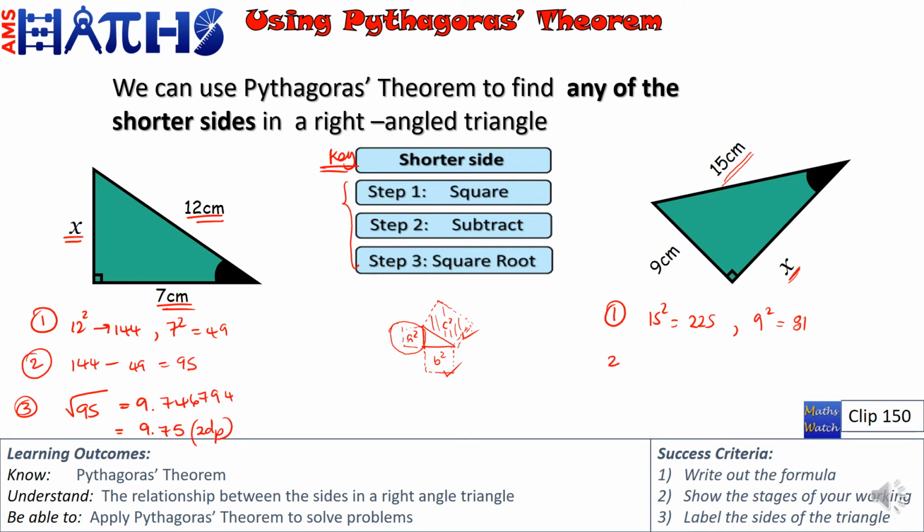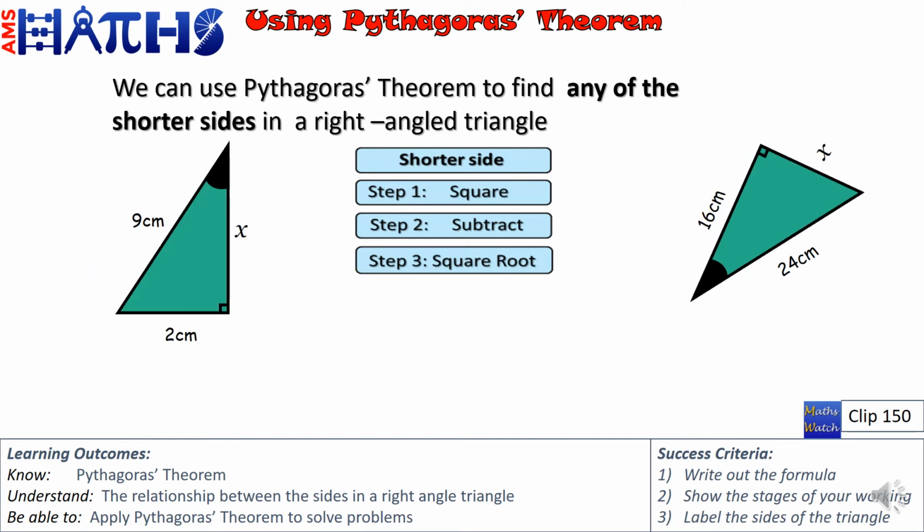Now, because it's our shorter side, we need to subtract those values. So 225 minus 81 gives us 144. And then our last step is find the square root of 144, which gives us 12. So therefore the length of x that we need to find is 12. Lovely.